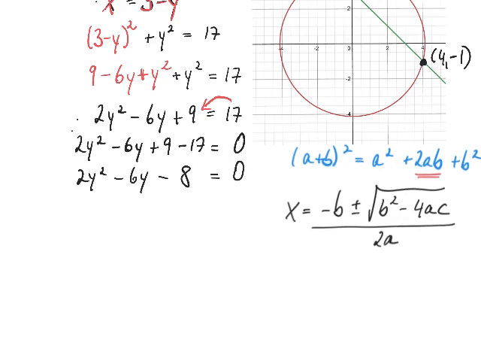I have y here instead of x, but that doesn't matter. This is a, this is b, and this is c, which means my a is 2, my b is minus 6, and my c equals minus 8.